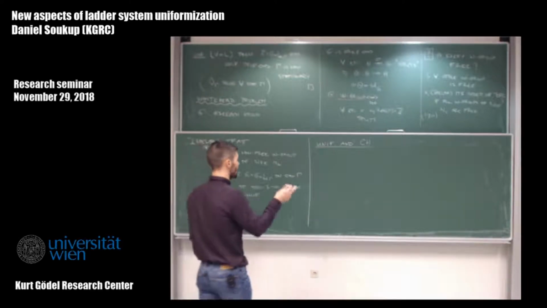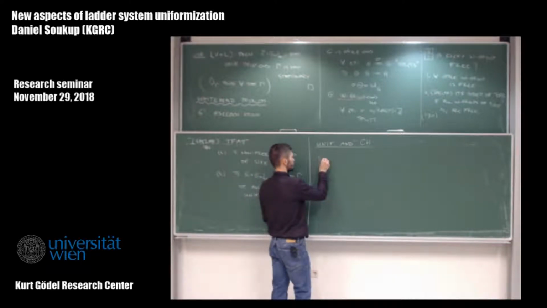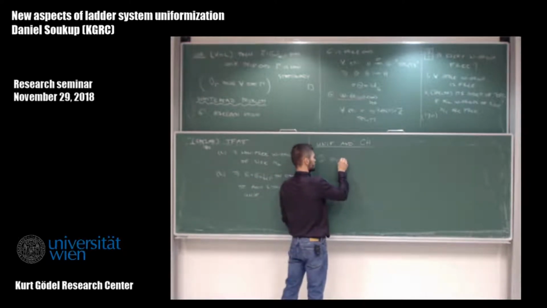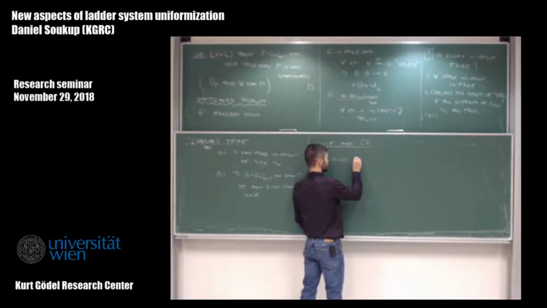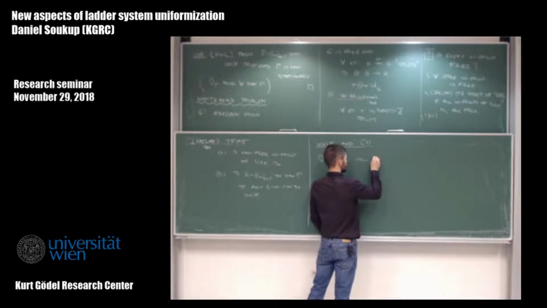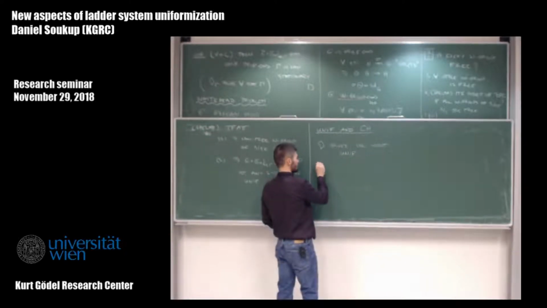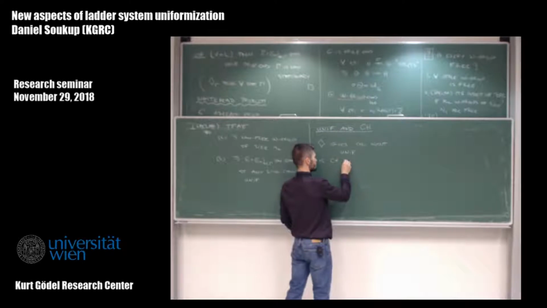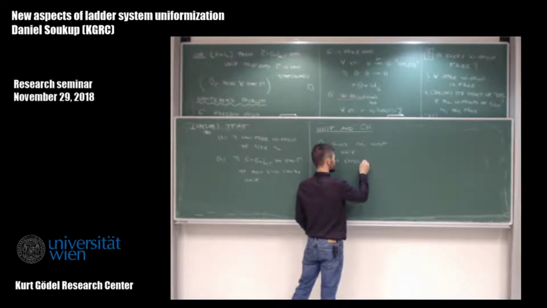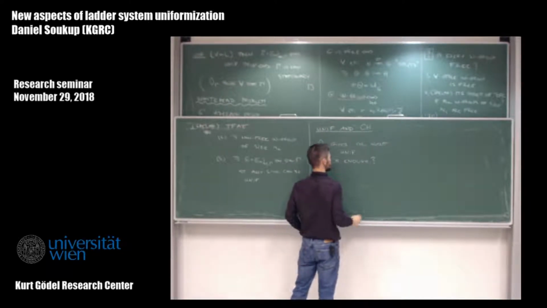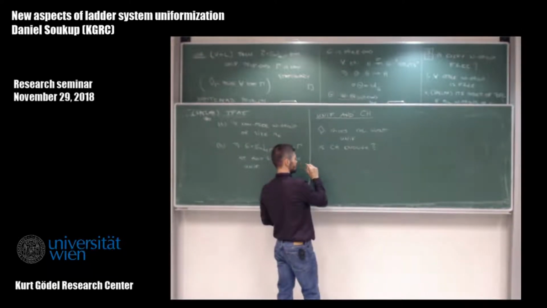All right, so we saw that diamond gives a coloring without uniformization. The question is, is CH enough? The answer is yes.